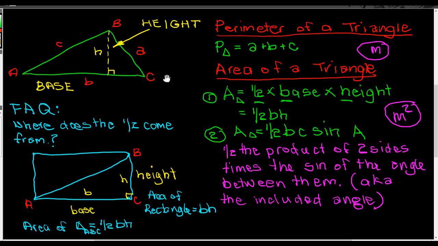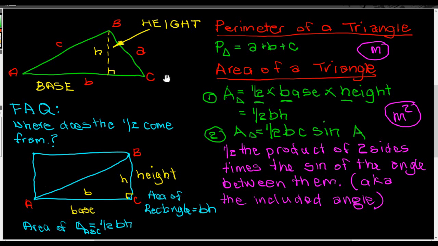Now there is another formula which we will look at more closely later on when we look at trigonometry, but it's worth mentioning here. The area of a triangle is half BC sine A. To put that into different terms, it's half the product of two sides times the sine of the angle between them.